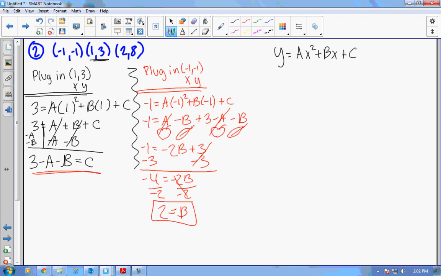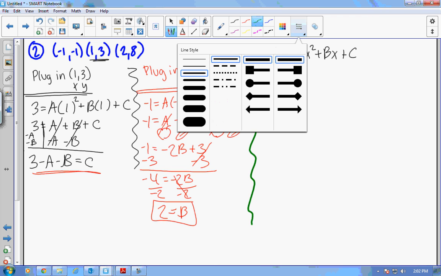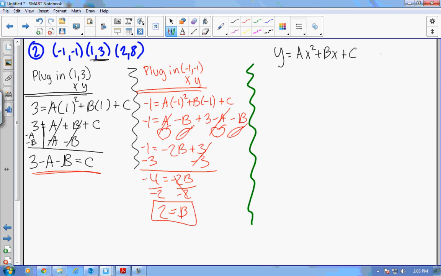Okay? What's the next step? Plug in the next one and replace c with what we know. Oh, we actually know something else. We might as well replace it. What else do we now know? We know b. Okay, so plug in our last one. Is 2, 8.